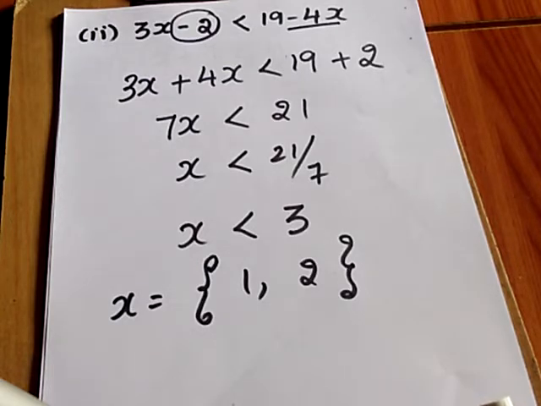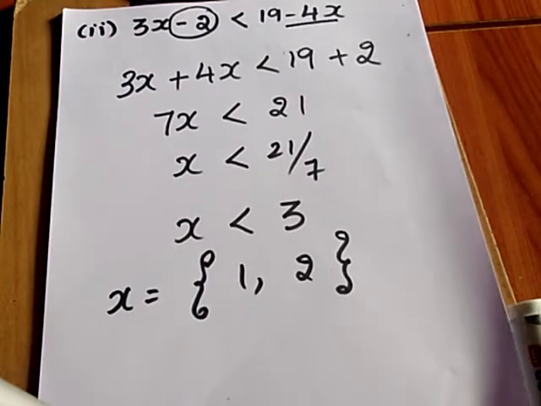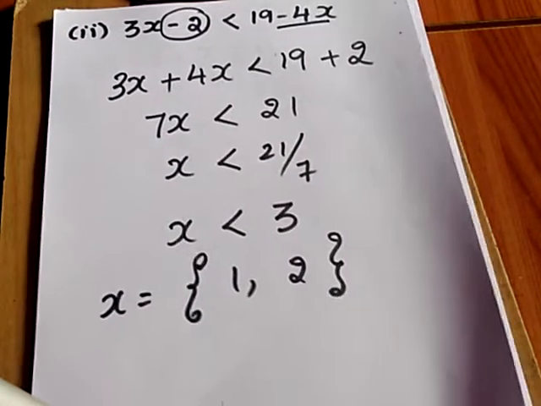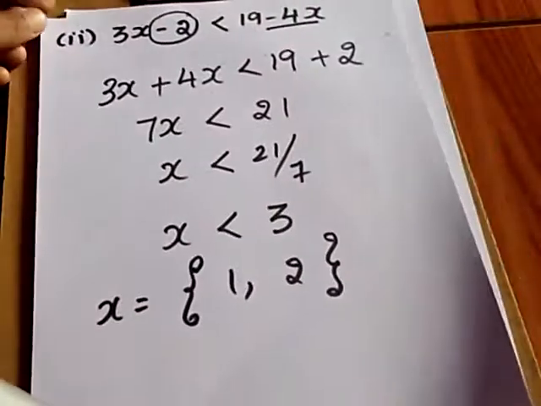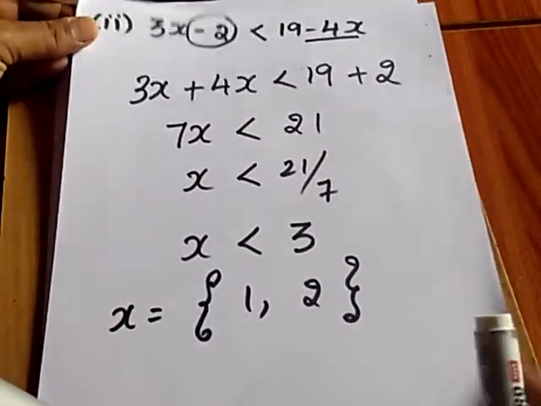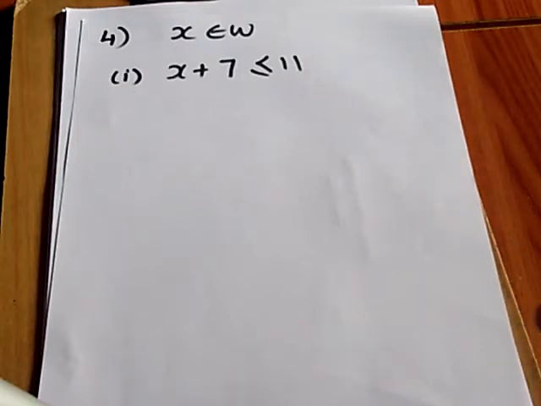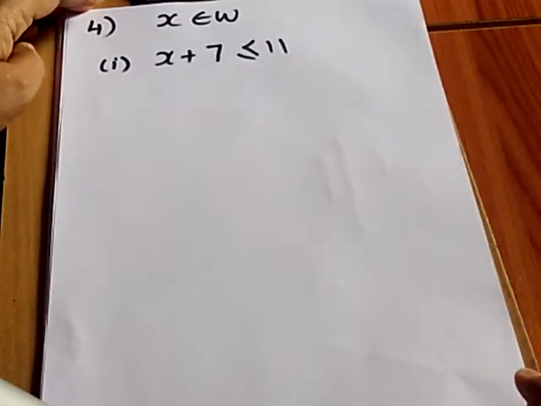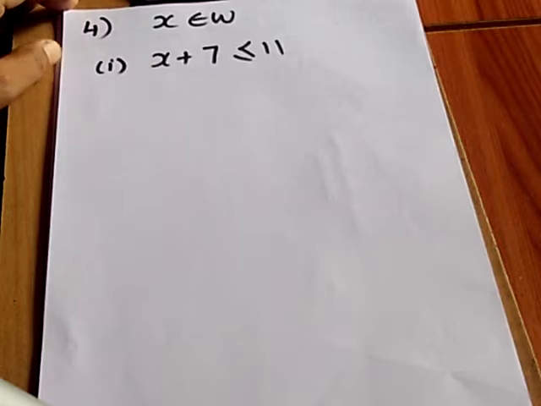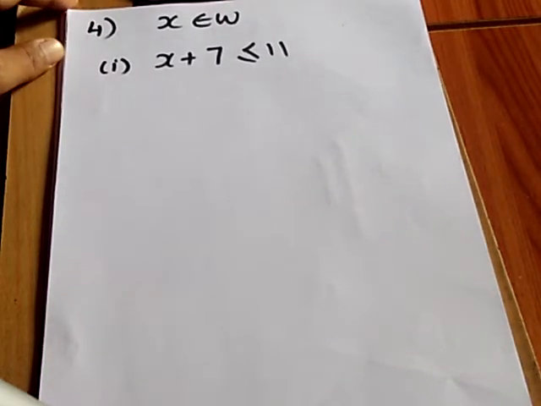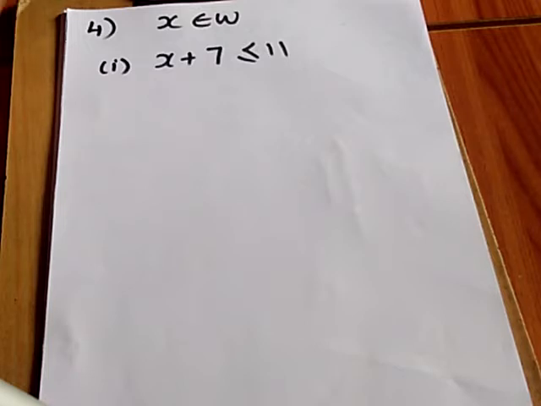Now in question number 4, it is said that the replacement set is the set of whole numbers. So the solution set should be written for whole numbers. What is the difference between natural numbers and whole numbers, children? Try to recall. Natural numbers begin with 1, all positive numbers, and whole numbers begin with 0. It also includes only the positive numbers.